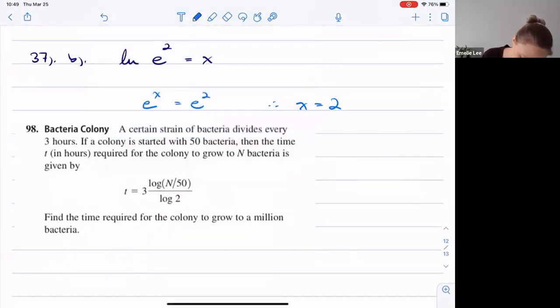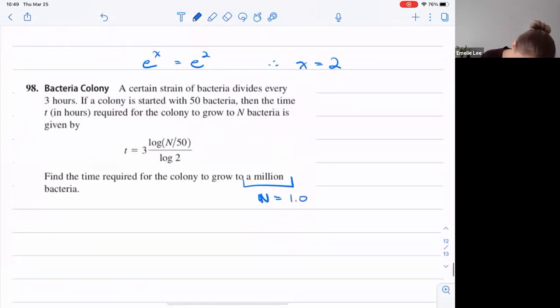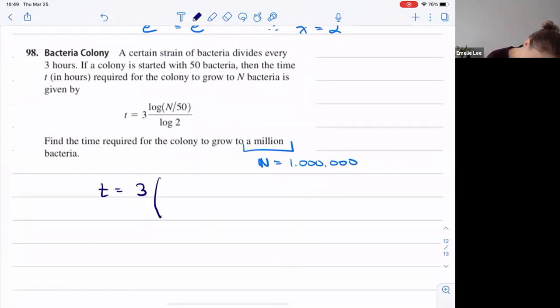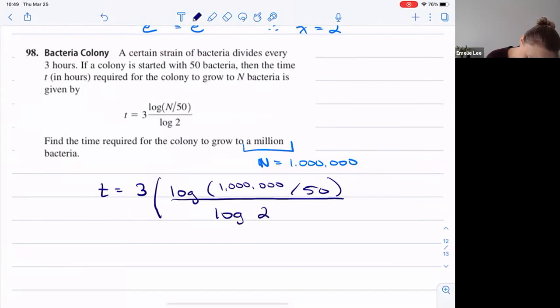Right. So here, N equals 1 million, and you want to find the time required. So T is going to be 3 times the log base 10 of 1,000,000 divided by 50, over the log base 10 of 2.